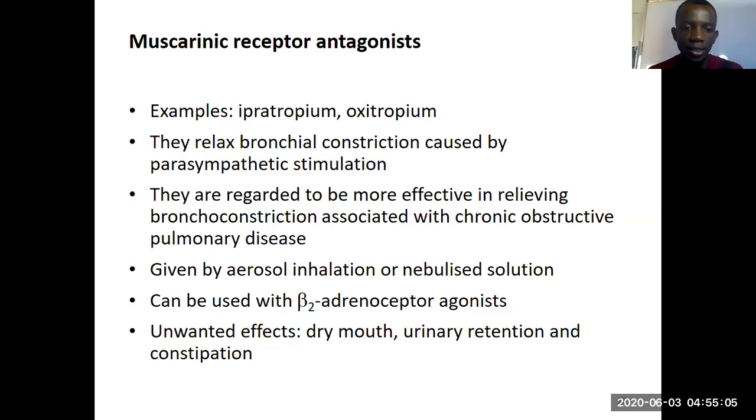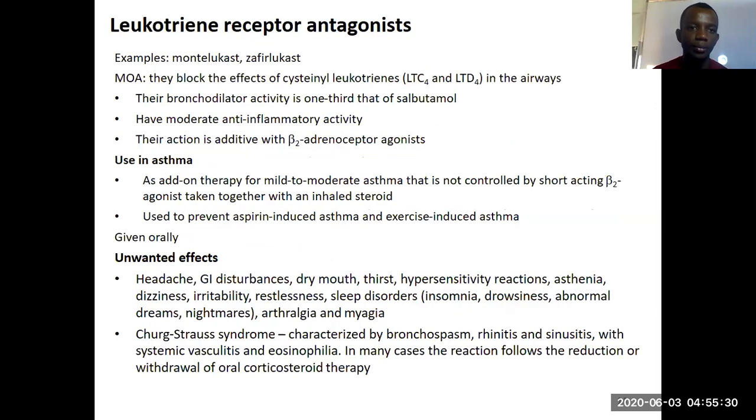So if you have a patient suffering from COPD and you wish to relieve their bronchoconstriction, you're better off using the muscarinic antagonists. They are given by aerosol inhalation or nebulized solution and can be used with beta-2 adrenoreceptor agonists. Side effects include dry mouth, urinary retention, and constipation.